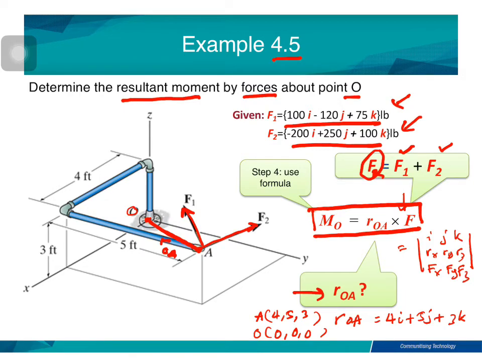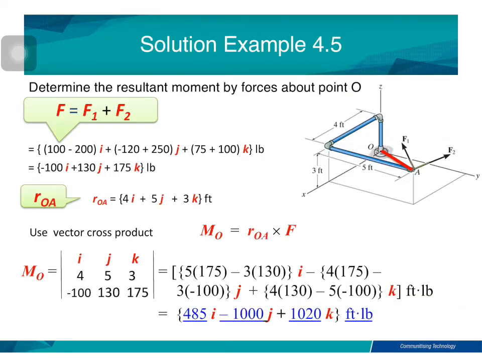Next, we have the F is equal to F1, so we add in the respective groups, which are I, J and K here. And then the force resultant here is equal to negative 100I plus 130J plus 175K. So this is the ROA that we have established.